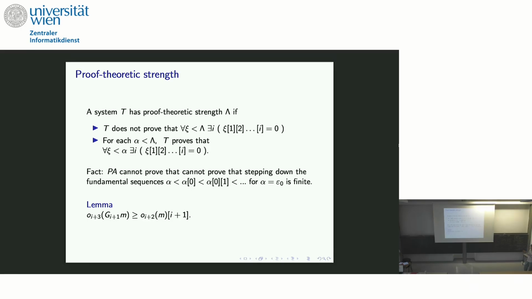They assign to theories different ordinals, and what this ordinal means is that the theory T does not prove that for each ordinal less than the proof-theoretic ordinal of the theory, stepping down the fundamental sequences actually reaches zero. So the fact that for every ordinal, stepping down the fundamental sequences reaches zero, is a fact. But in different theories, this cannot be proved. And this is the associated proof-theoretic ordinal of the theory.